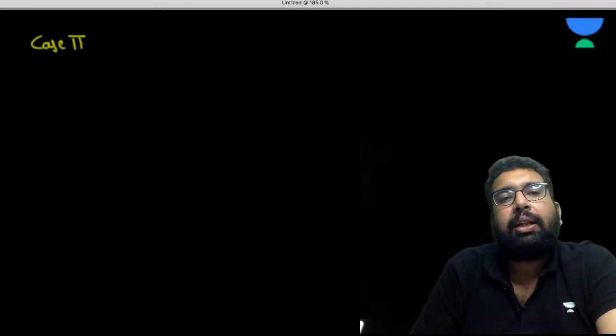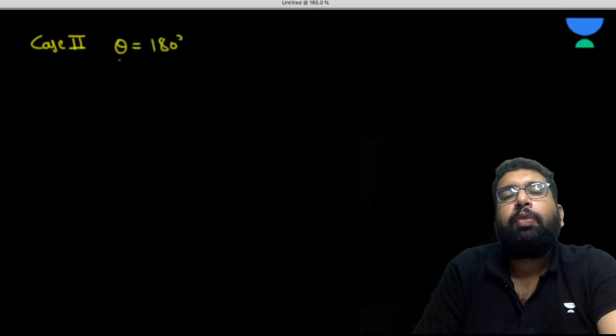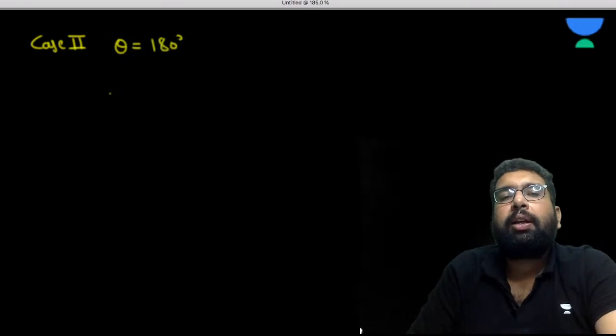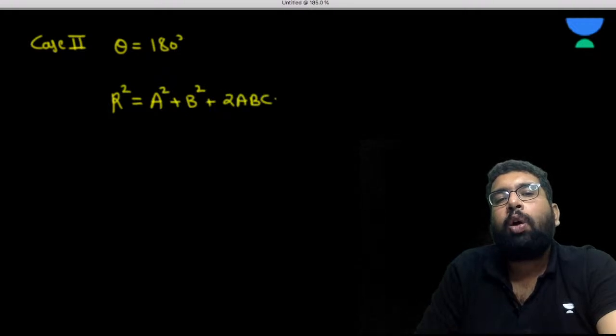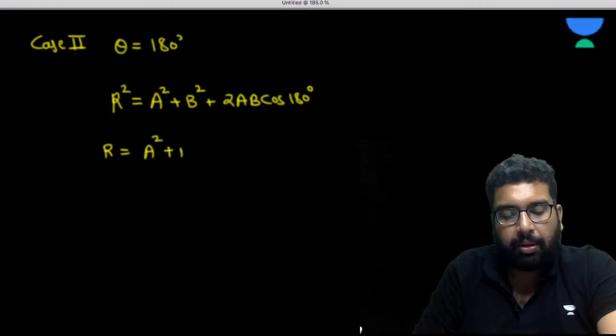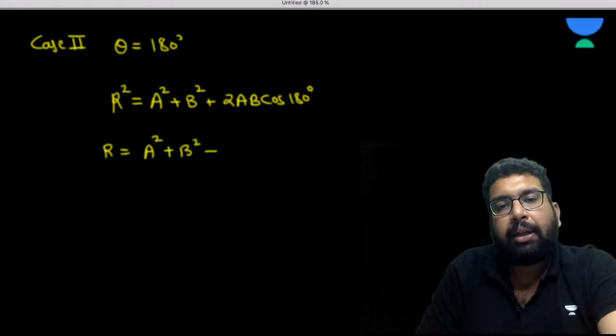Now similarly, in case two, can we say theta is equal to 180 degree? Now when theta is equal to 180 degree, if you put it in the formula, we have R square is equal to A square plus B square plus 2AB cos 180 degrees. So in this case, R square is A square plus B square minus 2AB.